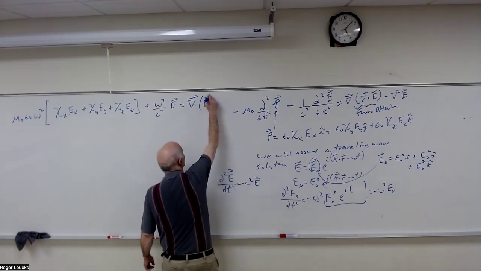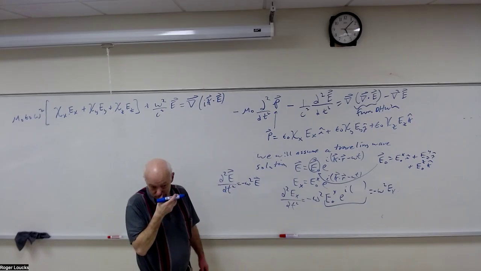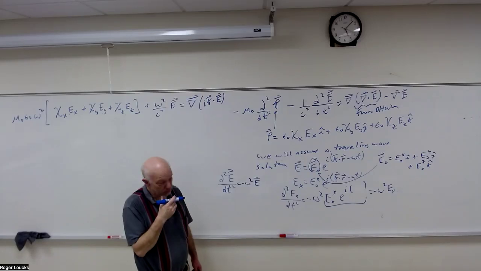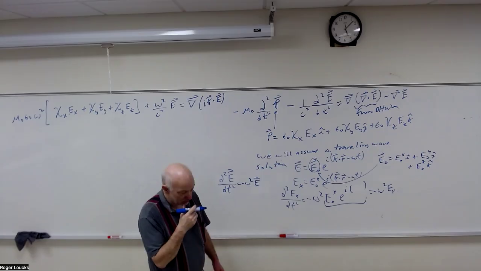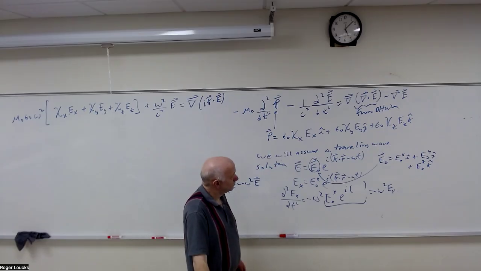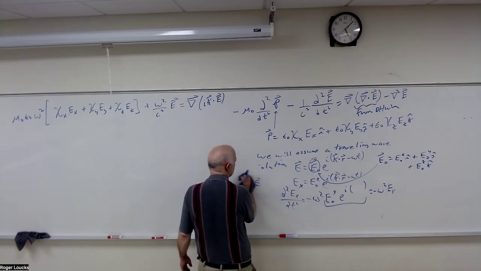I think what we did, we proved that that was equal to i. How do we get that? Is it because when you break up the gradient operator and you take the derivative with respect to position? Let's make sure we understand where that's coming from.